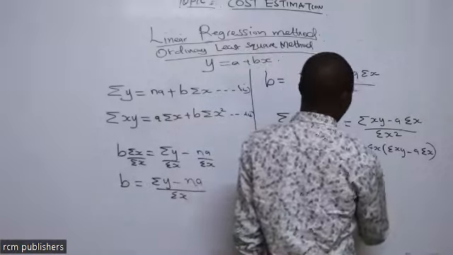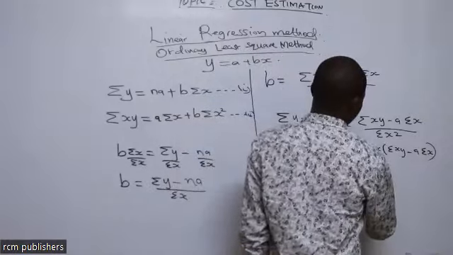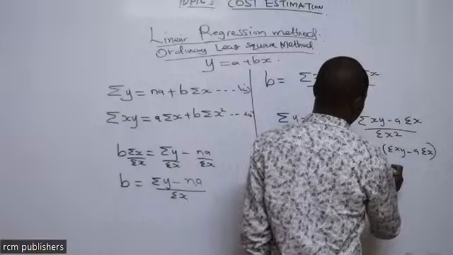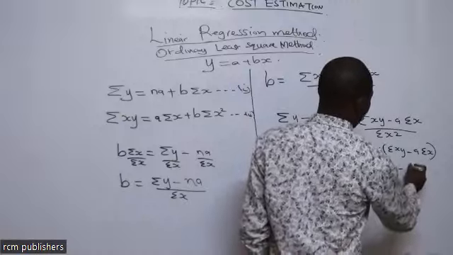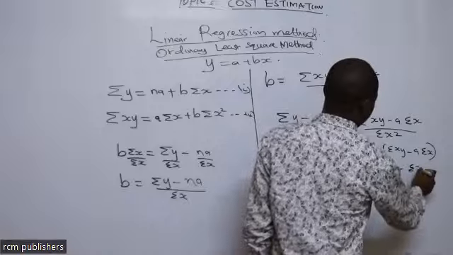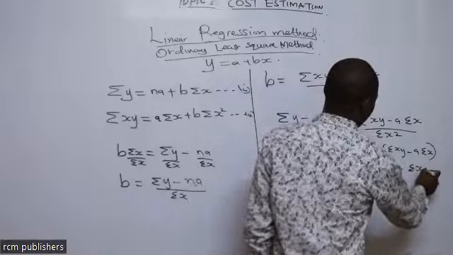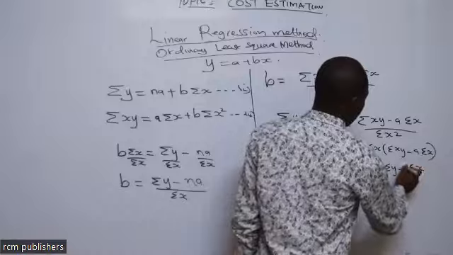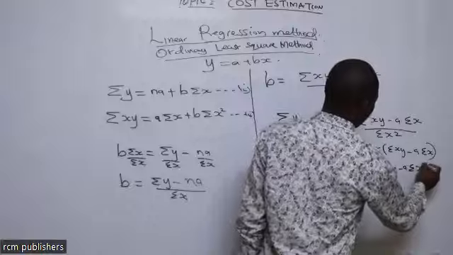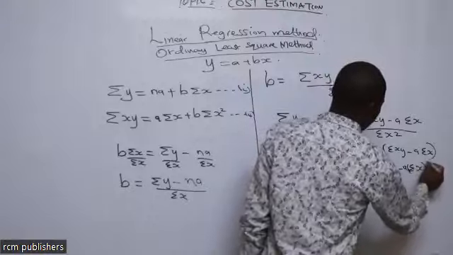is equal to summation of X summation of Y minus summation of X times summation of X, which will now be A summation of X squared.